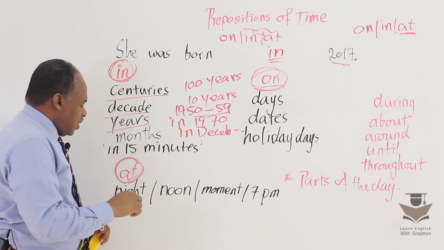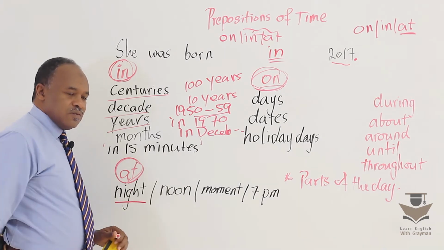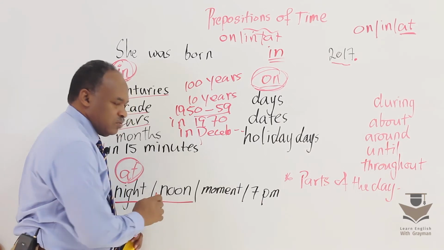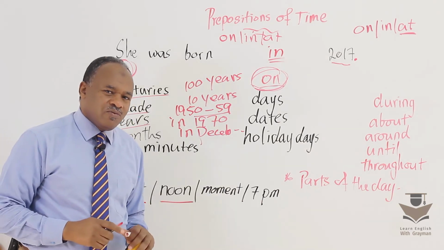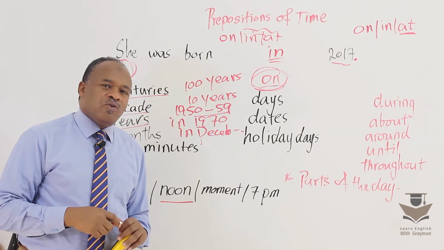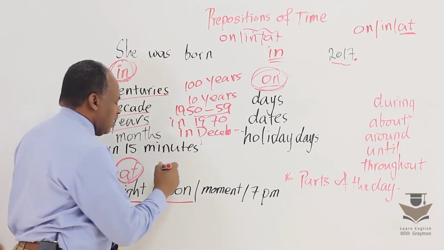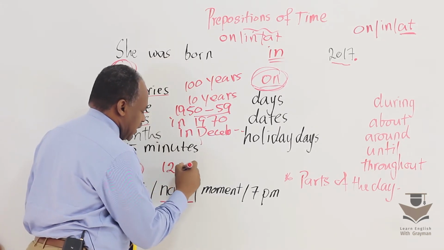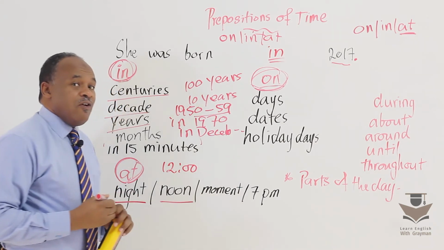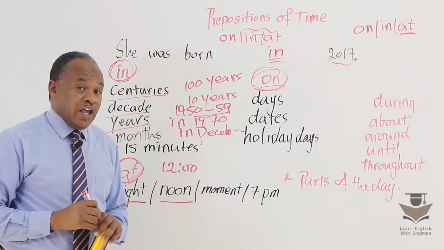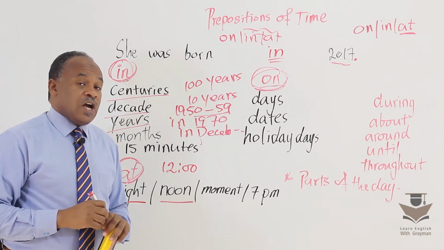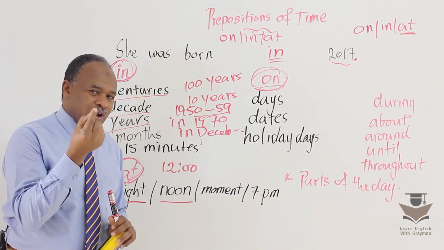At, we say at night, okay? And we say at noon. What is noon? What does it mean? Noon means 12 midday. 12 midday is called noon. And how long is it? It's only 1 minute.